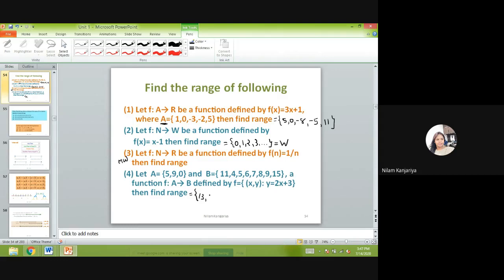Second was 2, 1. The last one was 3. One second, Ibrahim, I have made some mistake in the printing. This is your right answer, but here the function is wrong.